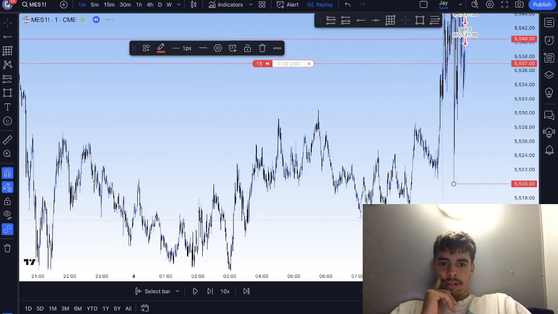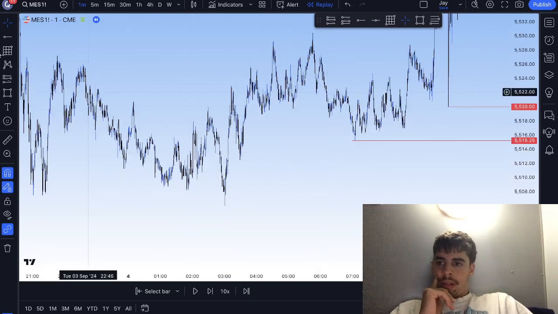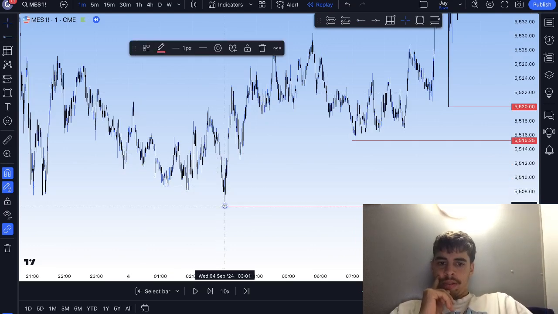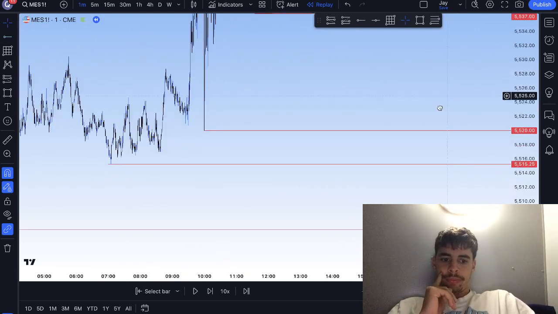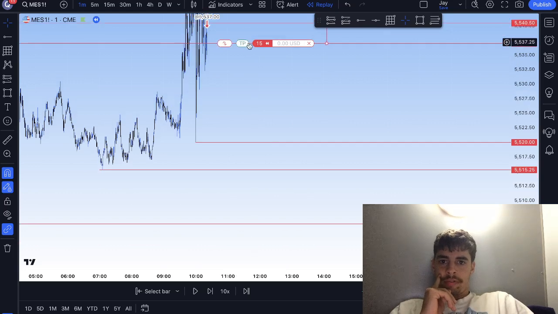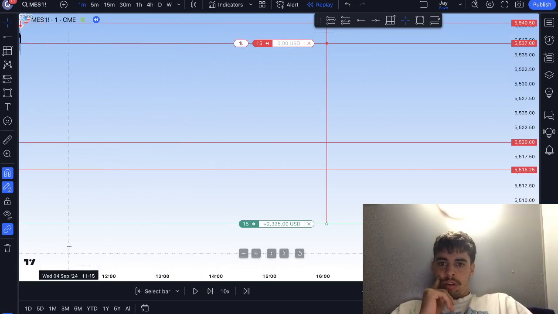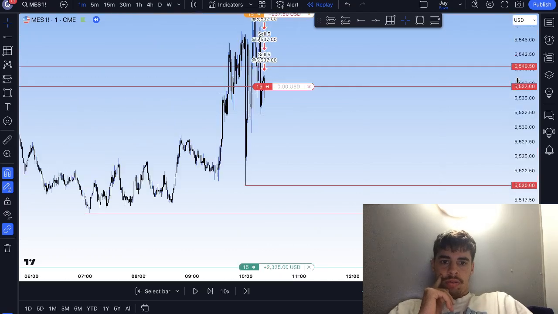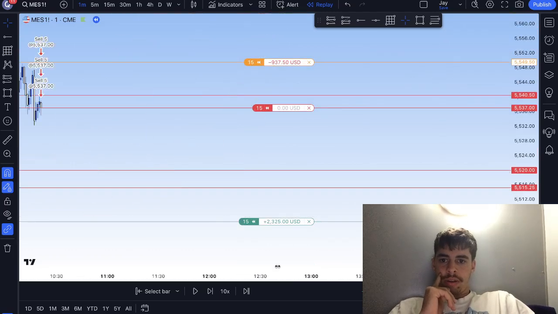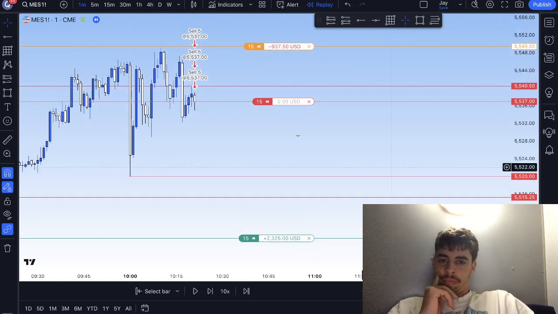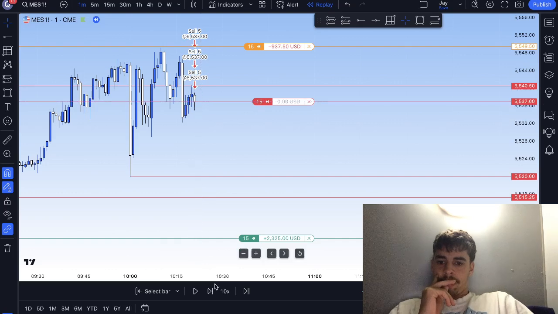TP2 here. And TP3. Selling 5 contracts at each. We see what market wants to do. This is very choppy price action though. What time is this? 10:21.